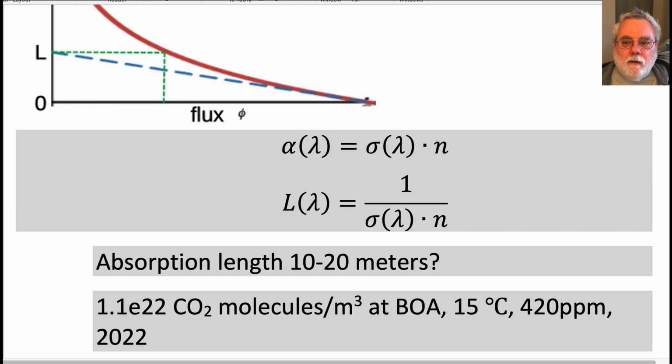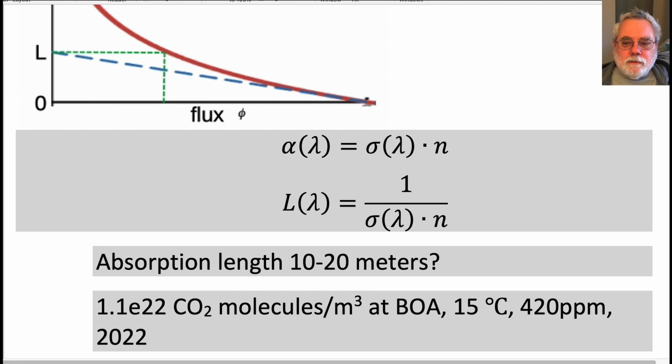Let's calculate the number density of carbon dioxide molecules at the bottom of the atmosphere, which climate scientists refer to as BOA, at plus 15 degrees Celsius. For simplicity, we assume dry air. We assume ideal gas at 15 Celsius. We calculate the number of moles per cubic meter, 42.3 moles per cubic meter.